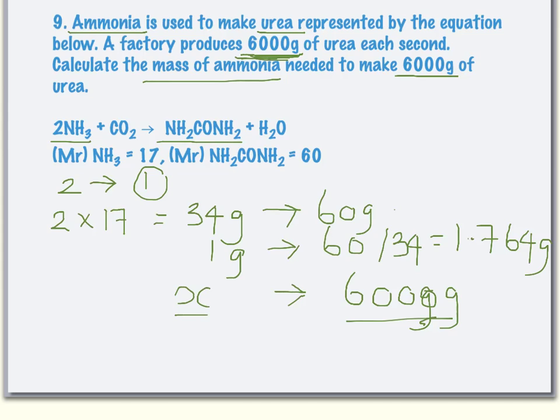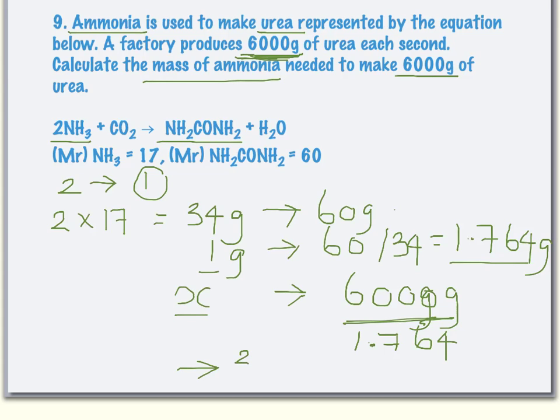To enable us to do that, we're going to have to divide our 6,000 grams of urea by the amount of urea that we would have if we had 1 gram of ammonia. So 6,000 divided by 1.764 works out at how much ammonia we will need.